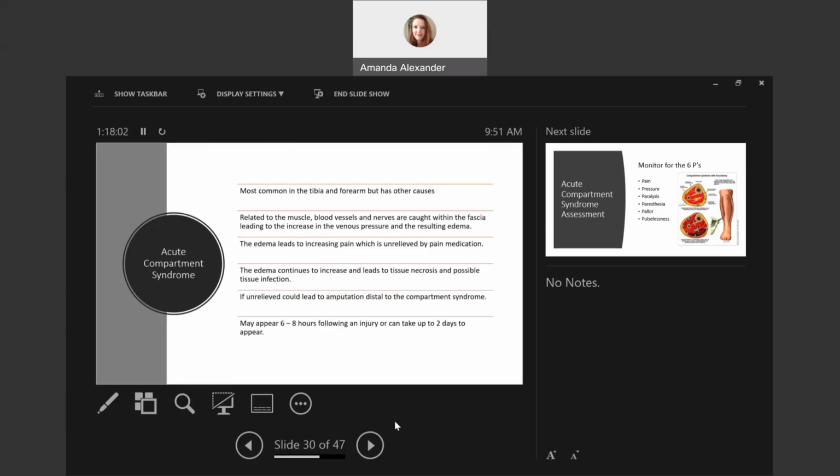How do we identify it? We're checking for pulses. The patient does not have a good pulse to the extremity and they're complaining of extreme pain. They may be starting to have compartment syndrome. Be aware that it may appear within the first 6 to 8 hours after the injury and can take up to 2 days. So it may not happen immediately.